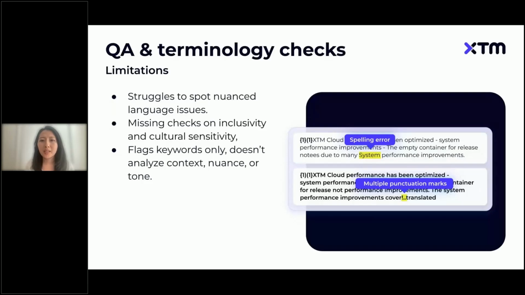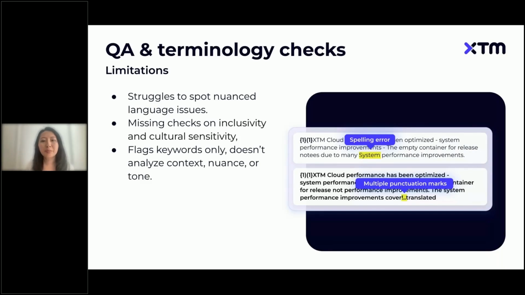Now, LLMs are starting to elevate AI automation and quality management, right? But there are still some limitations in the AI tools that we see out there in the market that might be important to point out. For instance, a lot of tools are beginning to use AI to power the QA checks. But here's what we're seeing missing in practice.